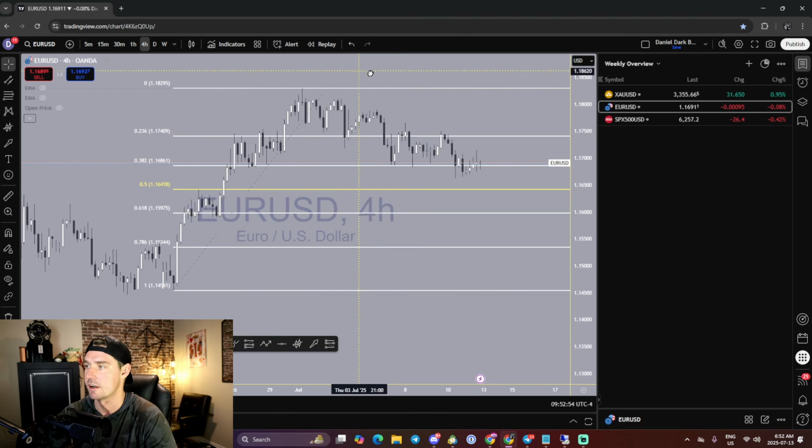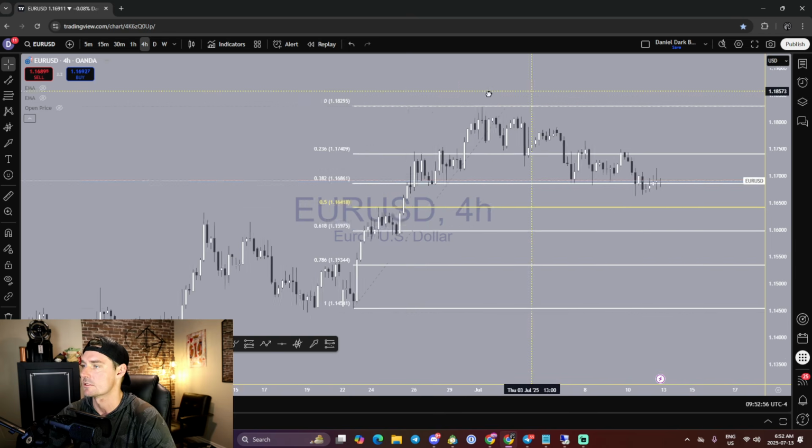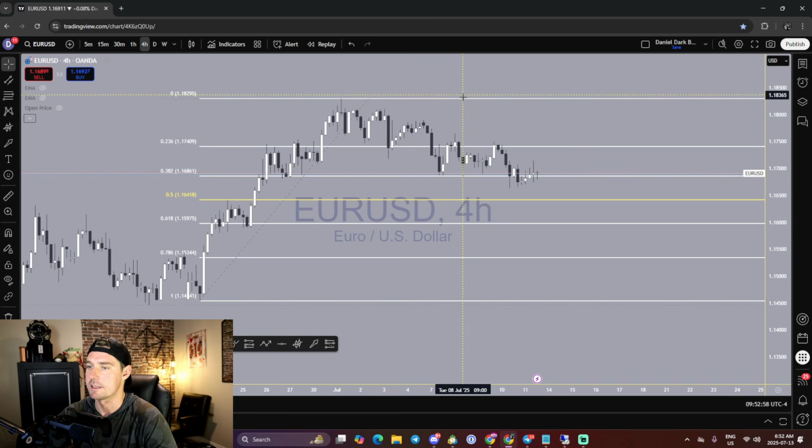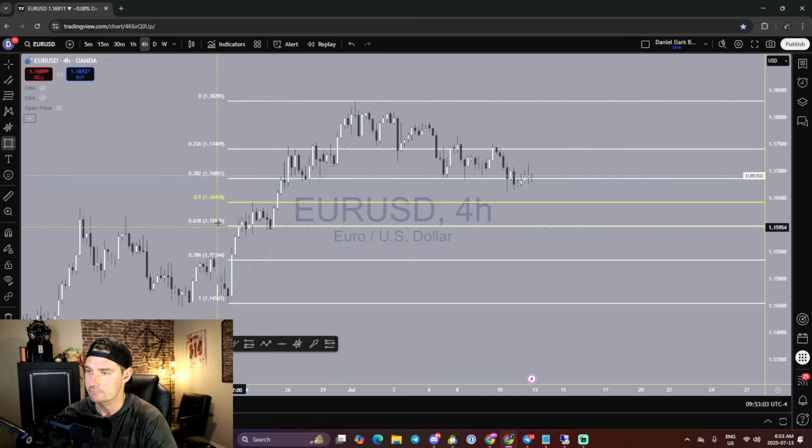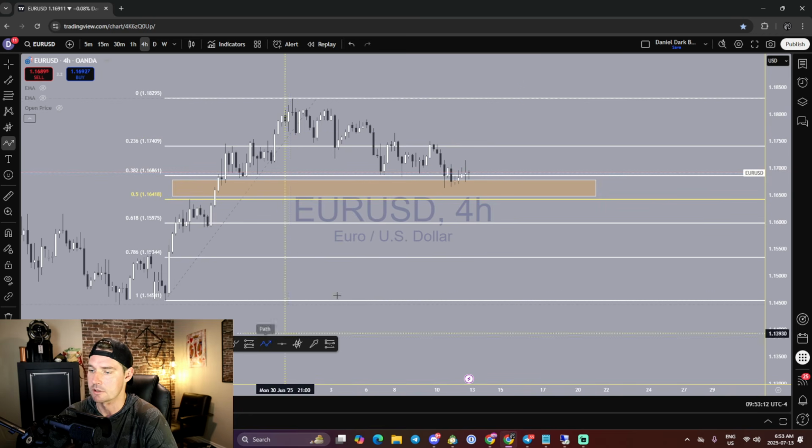It's a very simple concept, and that's why I really like it. Let's just make this a bit bigger. So what I was looking at here in this level is I was looking at the level between the 382 and the 50, because this is generally a reversal price point, a reversal zone, I would say, where price will come in there and it will reverse.